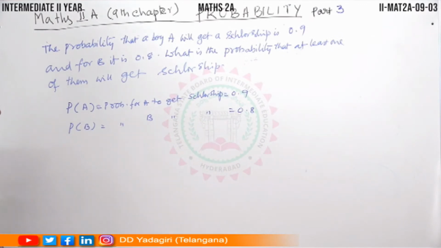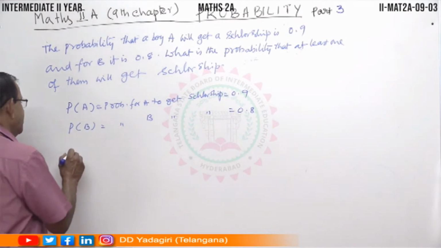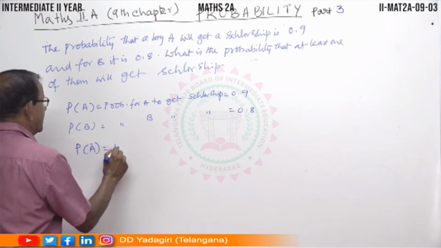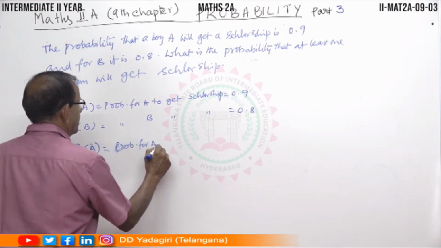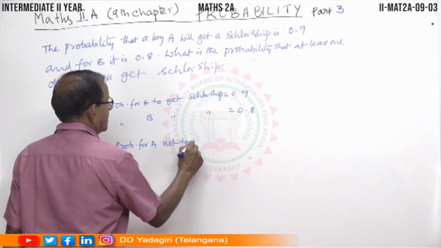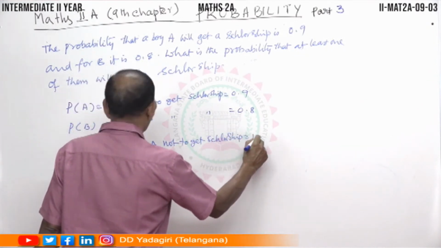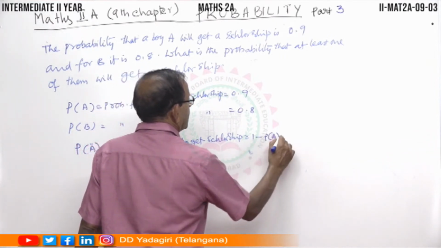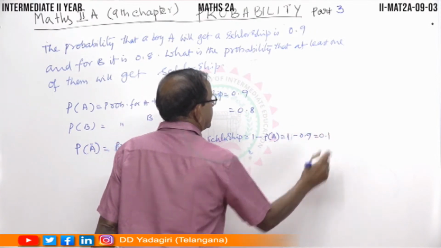Now, what is the probability for A not to get the scholarship? That is 1 minus P of A. P of A bar, probability for A not to get scholarship, is equal to 1 minus P of A equal to 1 minus 0.9 equal to 0.1.